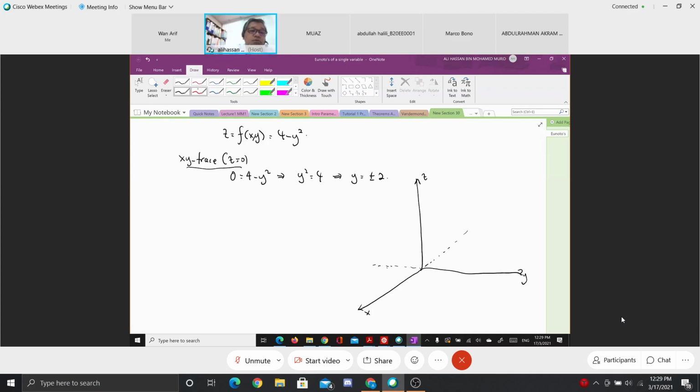Here is the line, say y equal to 2, and here is the line y equal to minus 2, right? And it is independent of x, so that means it is a horizontal line, parallel to the x-axis.